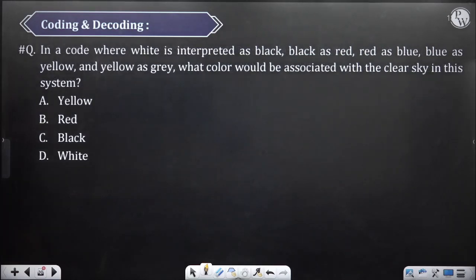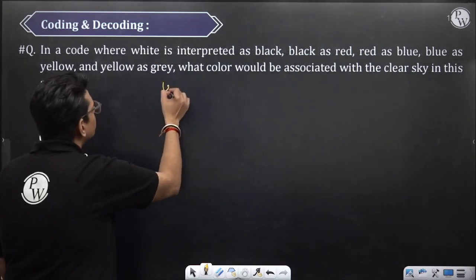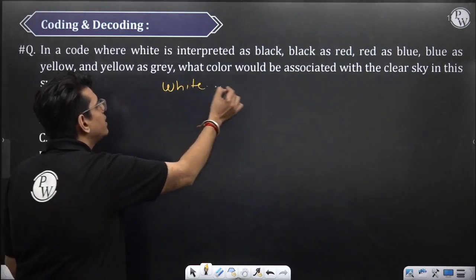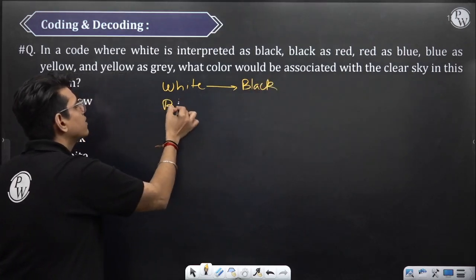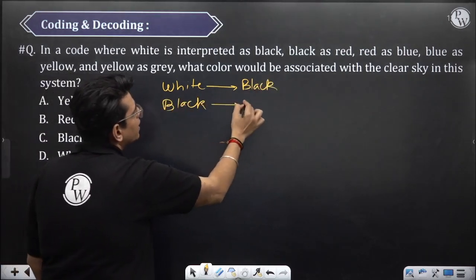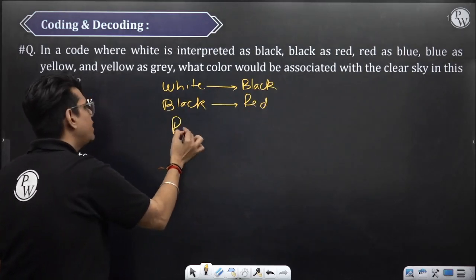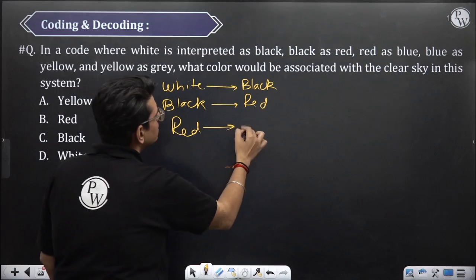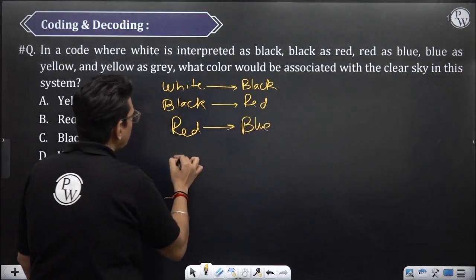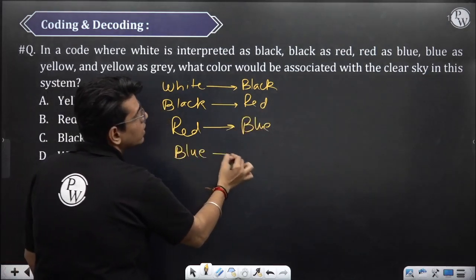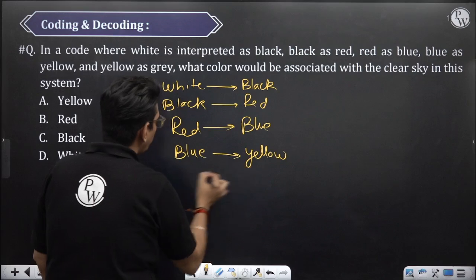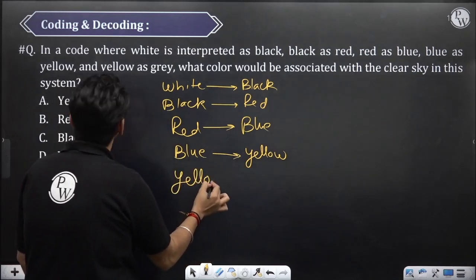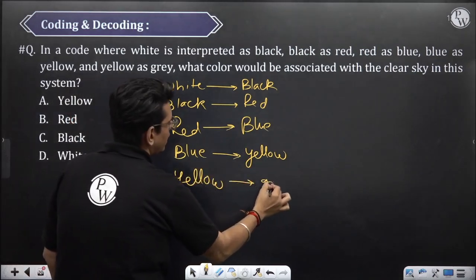If in a code white is interpreted as black, black is interpreted as red, red is interpreted as blue, and blue is interpreted as yellow, yellow as gray.